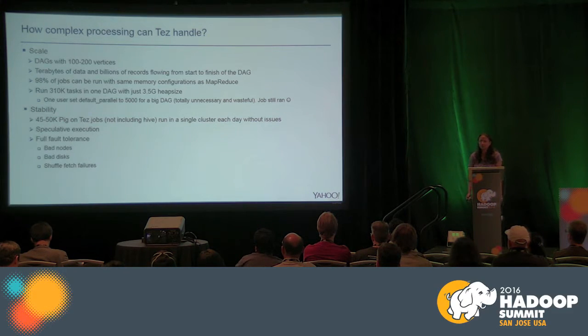That was a surprise to us. On stability, just one of our clusters runs 50K jobs daily. That's just Pig on Tez, not including Hive on Tez. So it scales really well. We have fixed a lot of issues with speculative execution, handling bad nodes, deadlocks, race conditions. So stability is taken care of now.